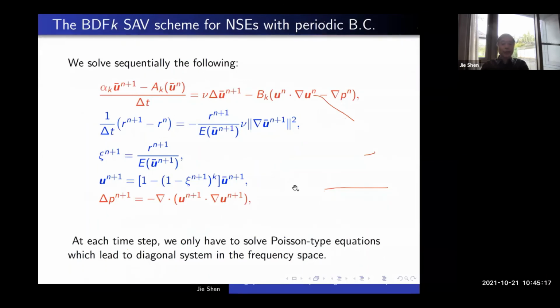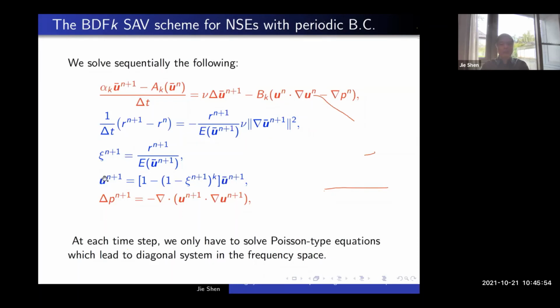And so we can do this scheme very easily. We can just apply the previous scheme for general dissipative systems. You treat the pressure and the nonlinear term together explicitly, and you solve U bar first. Once you get U bar, you solve R n+1 from here. Then you compute C, and you do a correction to U bar.